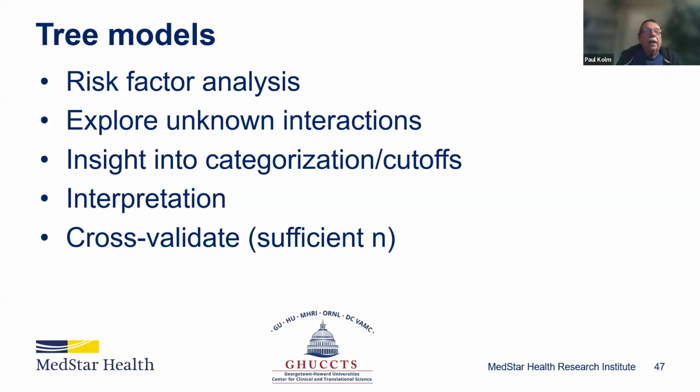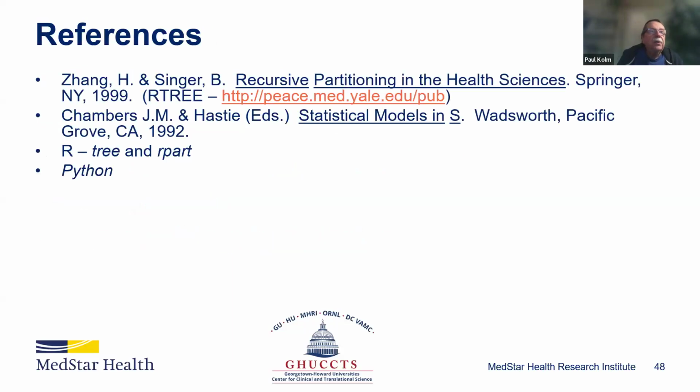I'll end there. I've got a couple of references, and then I want to mention that in R, the routines are tree and rpart, which is recursive partitioning. I'm not sure about Python, but I would assume you could probably do that in Python.